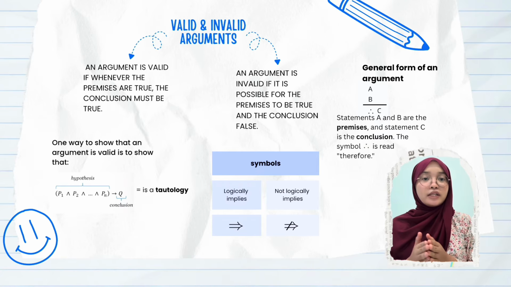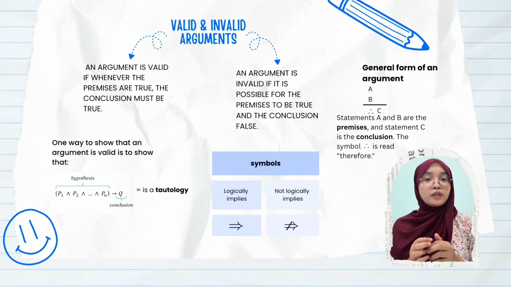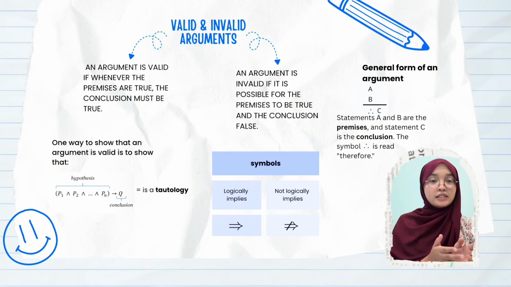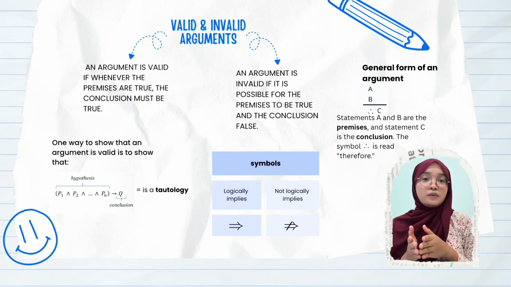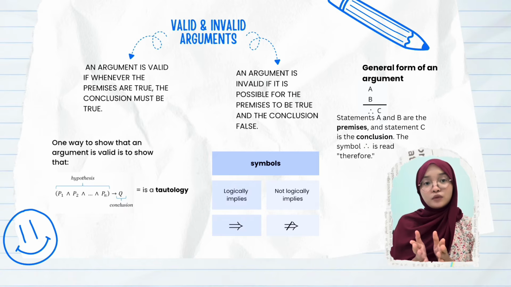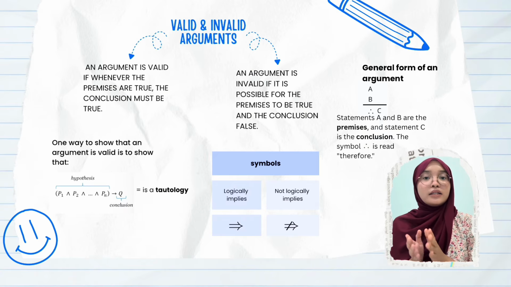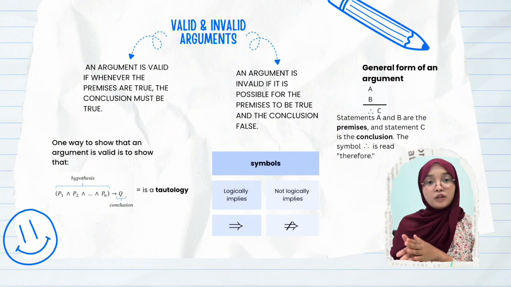One way to show that an argument is valid is to show that the implication from the premises to the conclusion is a tautology. In symbols, this means if P1 and P2 and up to Pn imply Q is always true, then the argument is valid. Lastly, let's look at the symbols used.